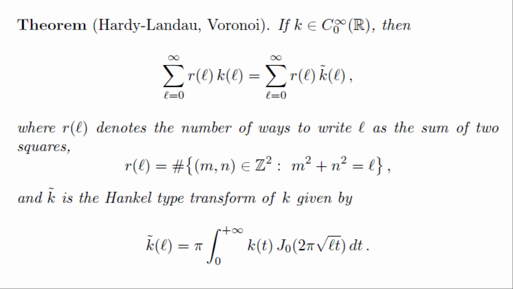Why do we care about something like this? Here's an improvement to the Gauss circle problem. We're going to assume that we have some radially symmetric K, C0 infinity. Has anybody seen that notation before? Continuous functions on that interval. More than just continuous.